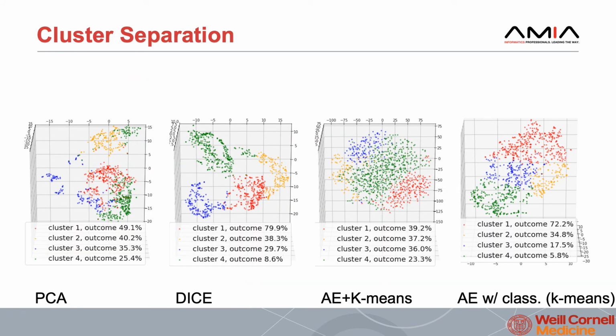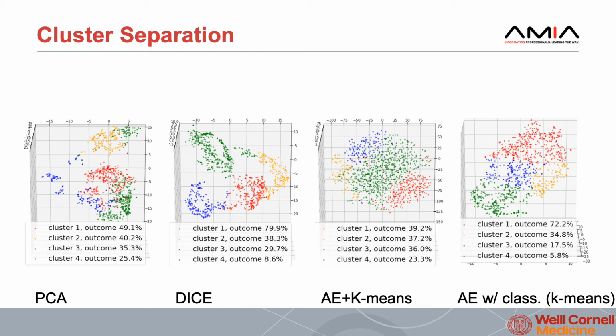And here is a visualization of DICE compared with the other baseline methods, PCA, autoencoder plus k-means, autoencoder logistic regression plus k-means. We can see that DICE clearly separates the population.